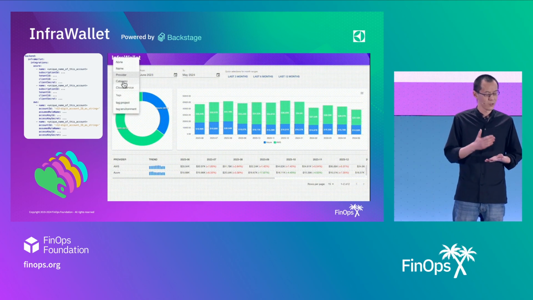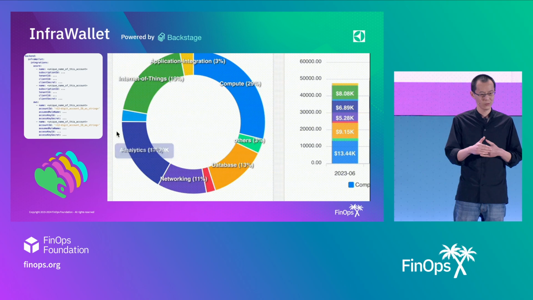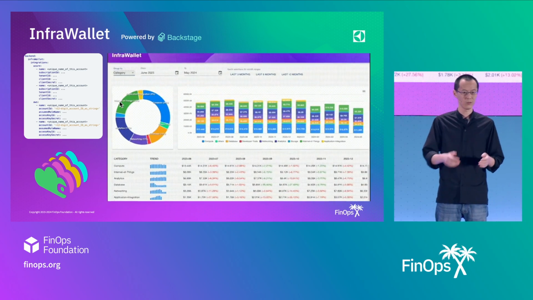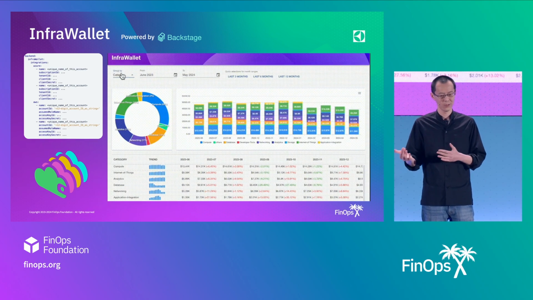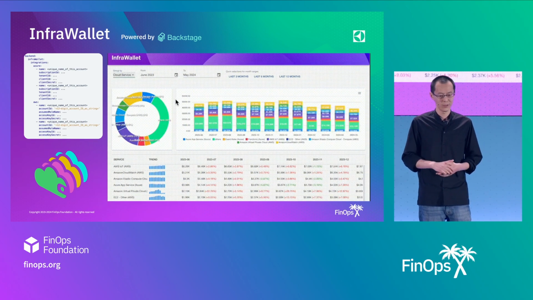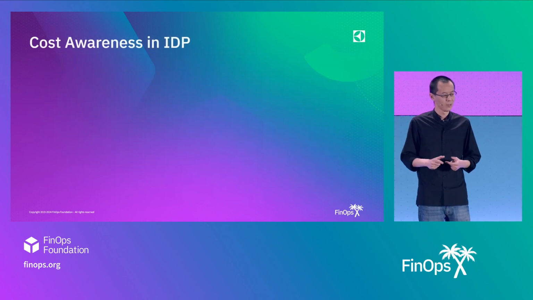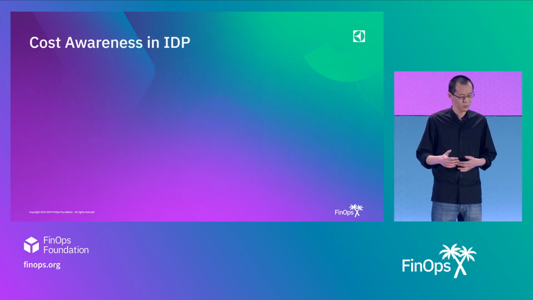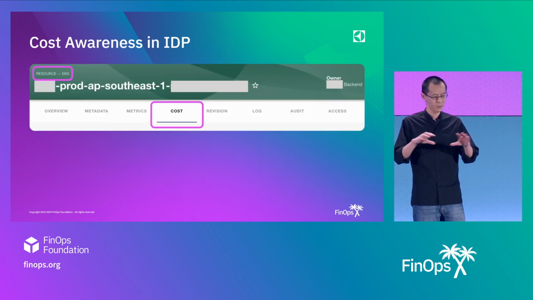With this prototype, we are able to see the cloud cost. We started from the major cloud providers. Developers can see that, and then they can see the trend as well and a certain level of breakdown.